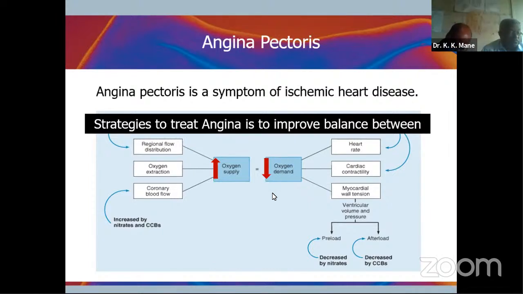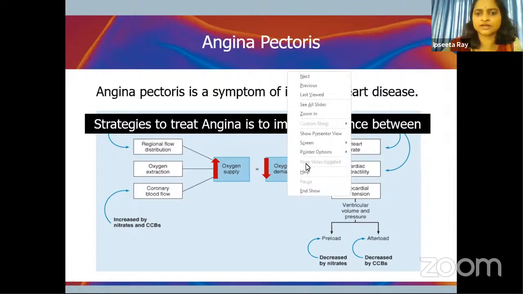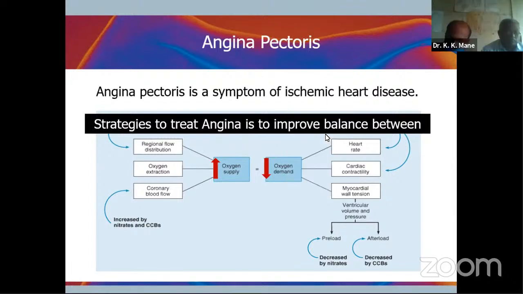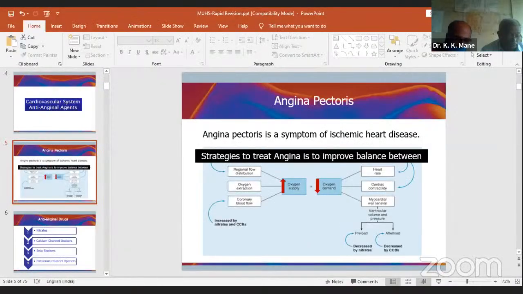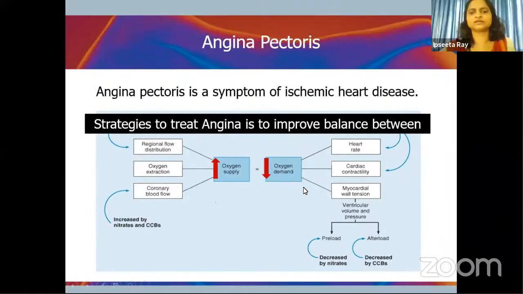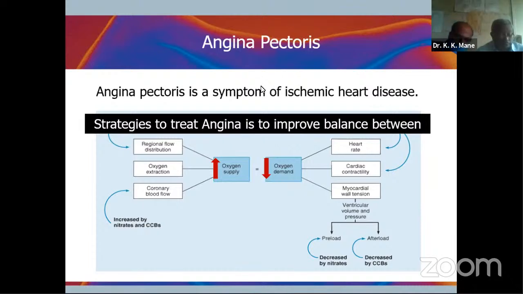The determinants of oxygen demand include heart rate, force of contraction, and preload. Preload is mainly determined by the veins.